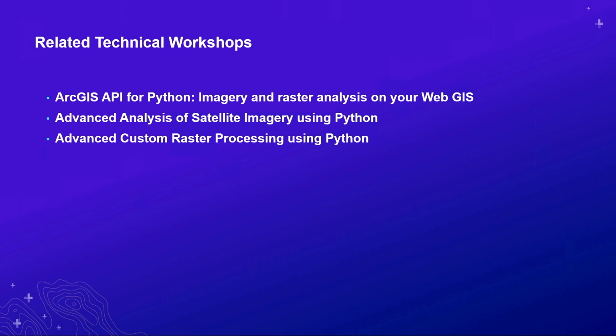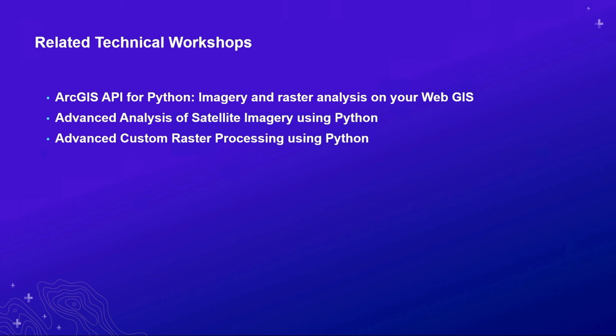You can also check out the advanced analysis of satellite imagery using Python. And you can also check out the session on advanced custom raster processing using Python. That session is basically talking about how you can utilize certain ArcGIS APIs to write custom algorithms instead of using the built-in functionalities.